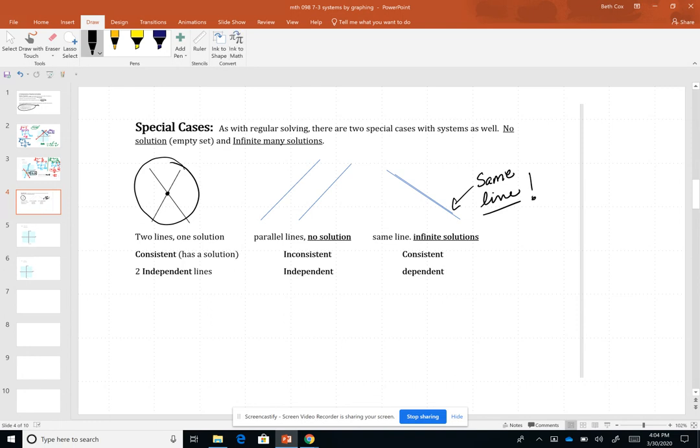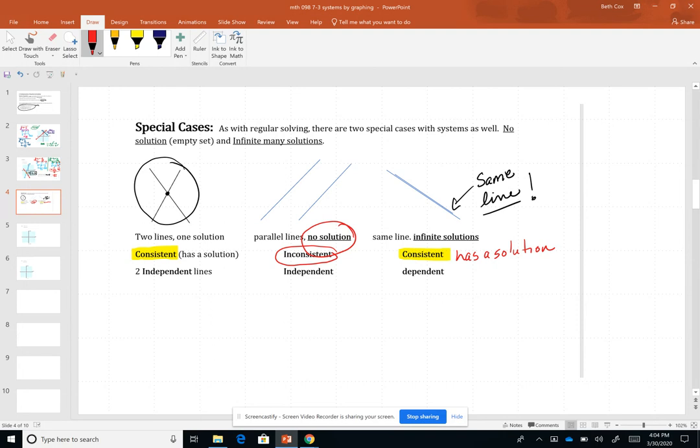Now, these vocabulary words that are listed under here, you may see, it's not that important, but let me go over it real quick with you. If it's consistent, then it actually has a solution. Consistent means it actually has a solution. Inconsistent would mean no solution.